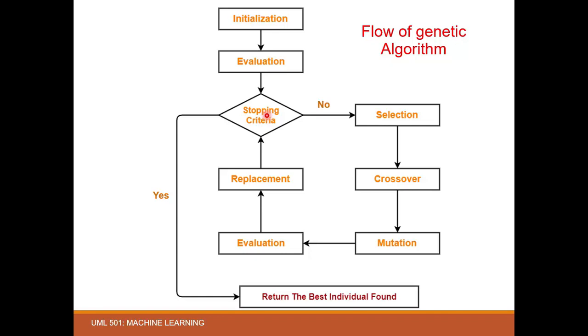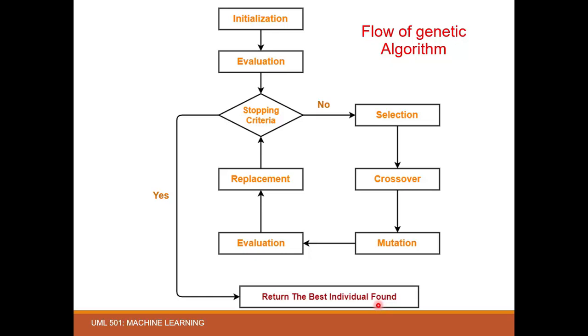That is, are the values I am getting in the evaluation phase satisfactory for my answer? That means, do they contain any solution which is in demand for my problem? If so, you stop and return the best found individual.